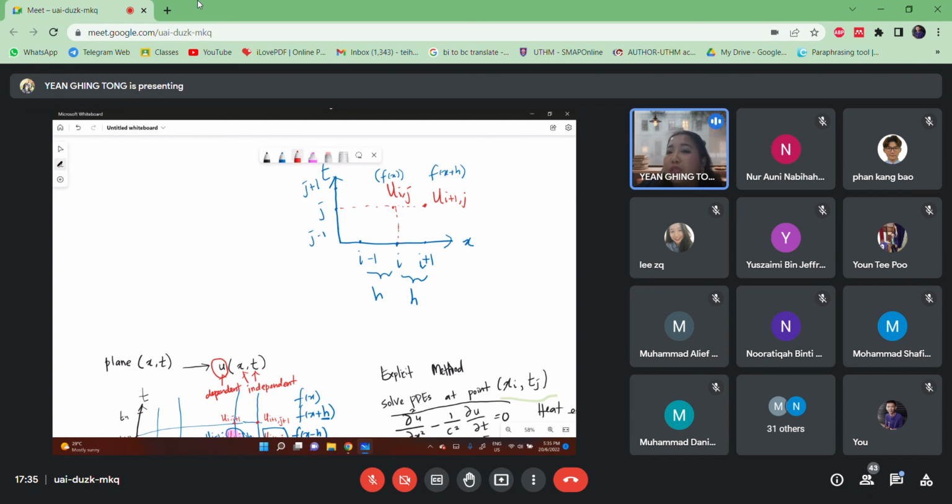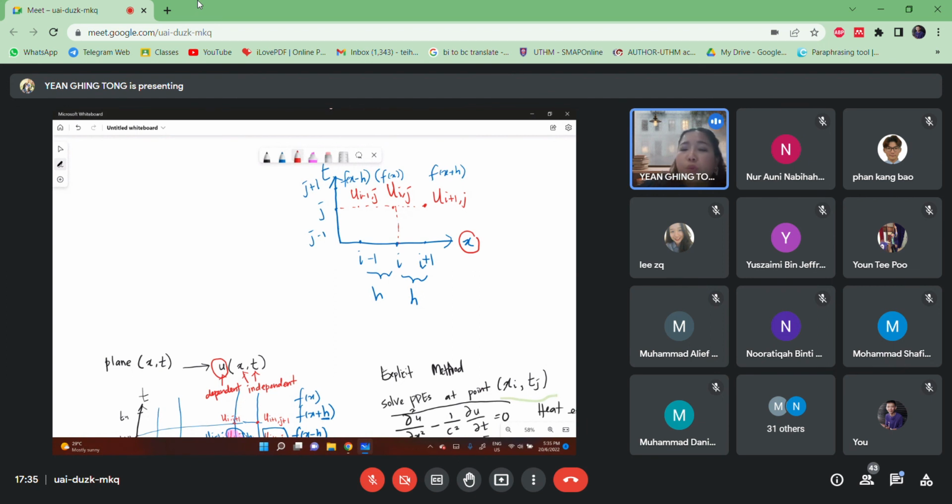This one is with respect to x only. y doesn't move, t doesn't move. It's only x that moves. So when fx, I minus one step size, it will become here, ui minus 1,j.